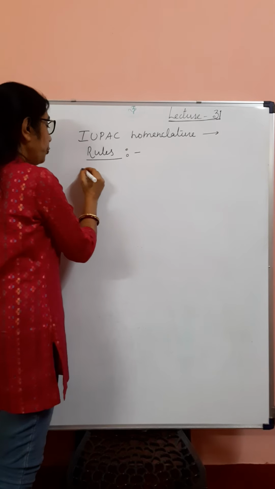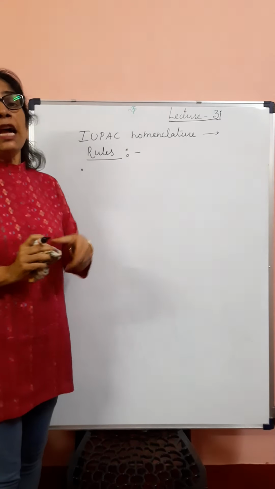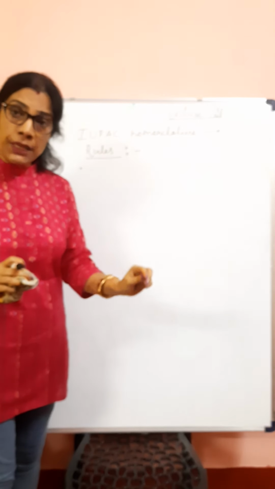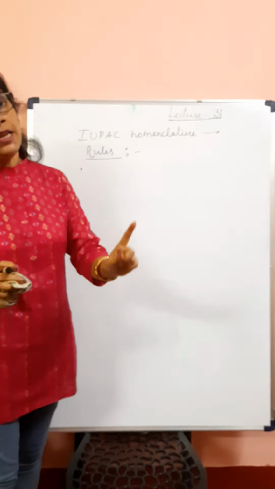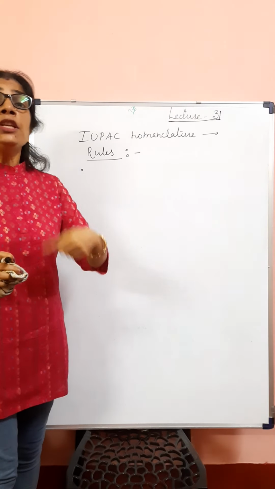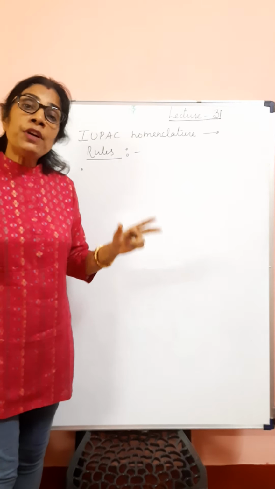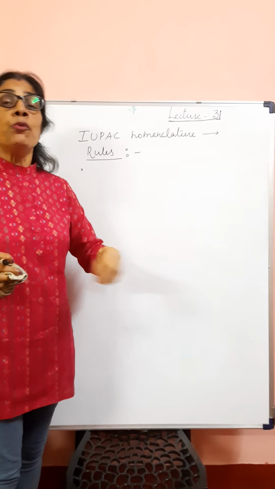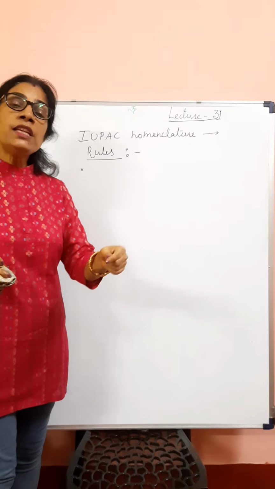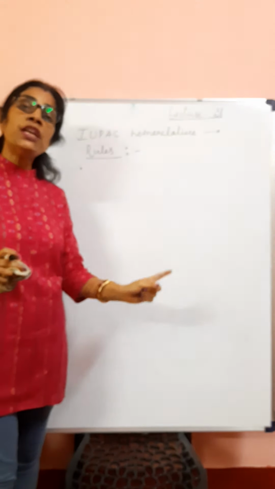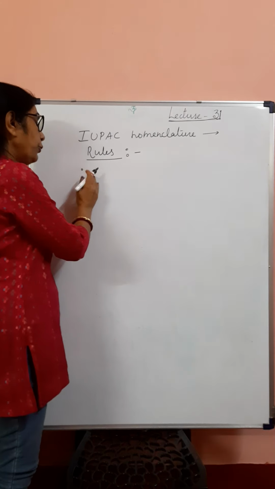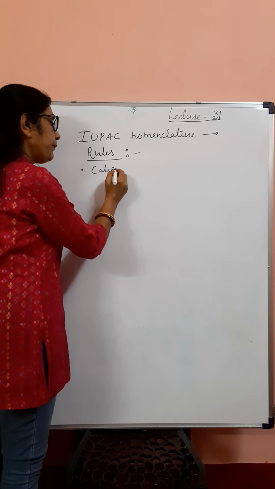Rule number 1 says that the formula of a cation is to be written first, followed by anion, and likewise the names also. This is a universal rule, my dear students. Sodium chloride, potassium nitrate, ammonium carbonate. So always we name the cation first, followed by anion.